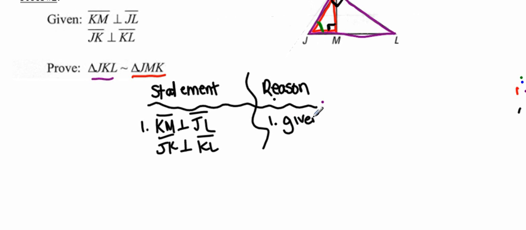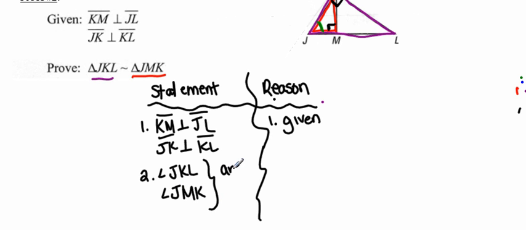And hopefully you remember that perpendicular means forms right angles. So that's going to give me a couple of different right angles. That's going to make angle JKL and angle JMK right angles. So both of those are right angles.